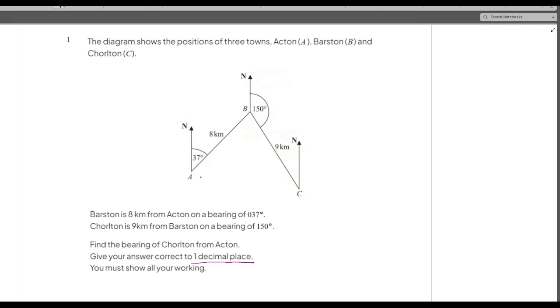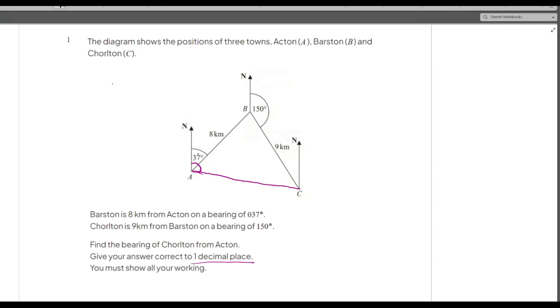Here I have to find out bearing of C from A. So for that, we will first join this A with C. Here we will draw a line and then we need to find out this whole angle from north.